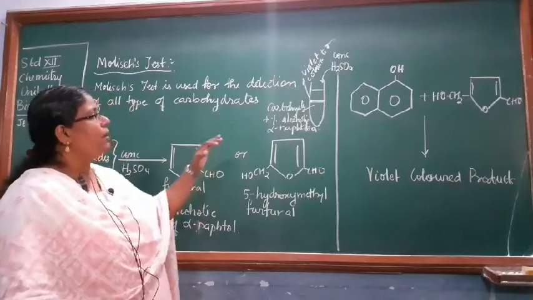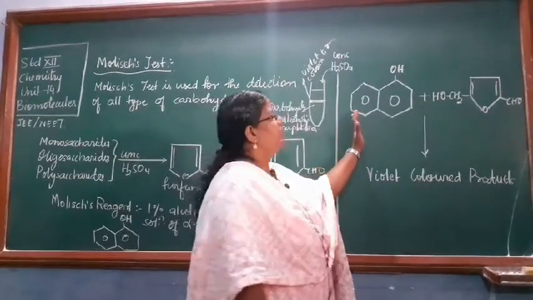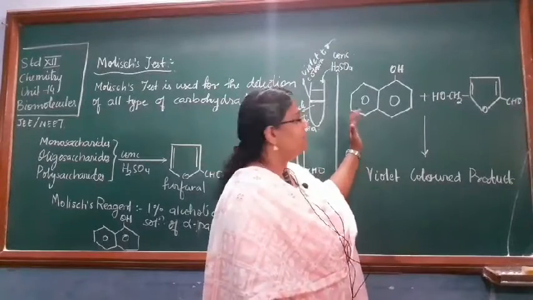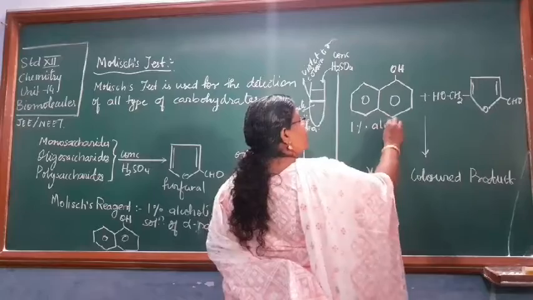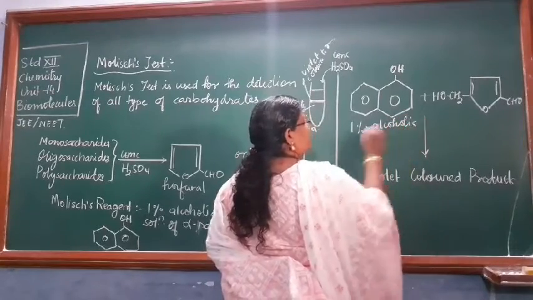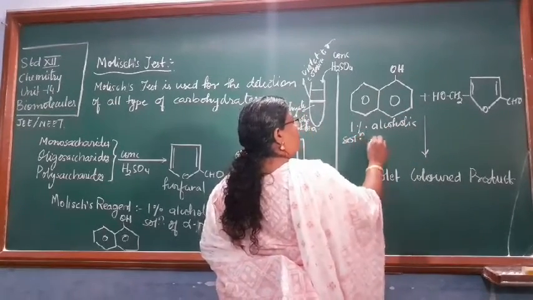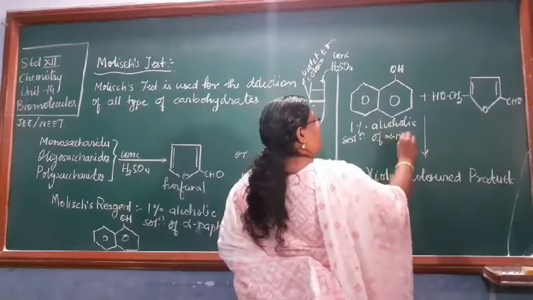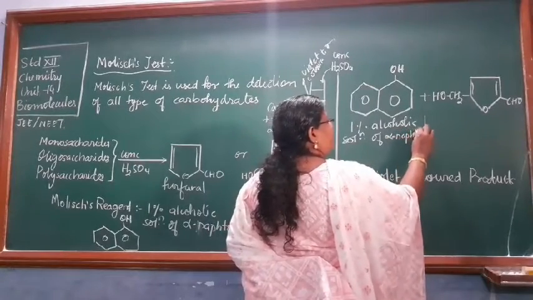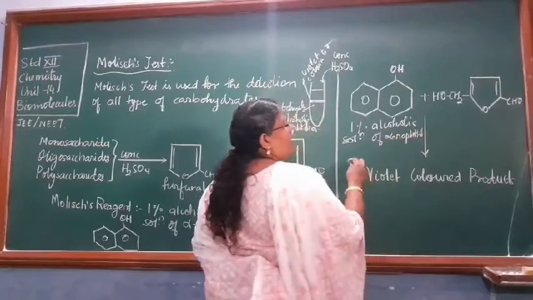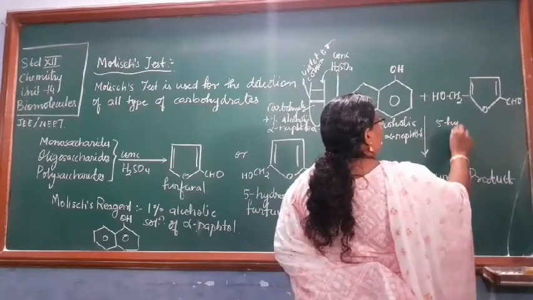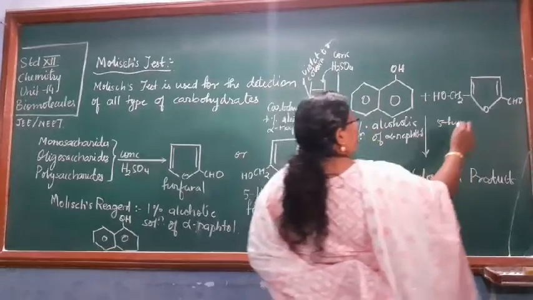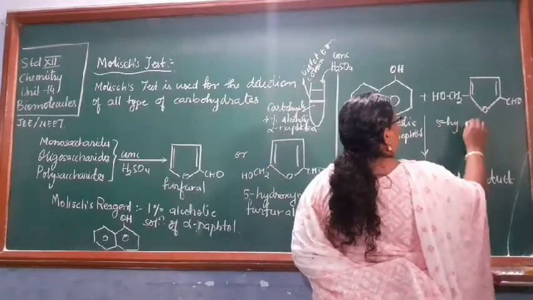Now, when these two compounds are treated with alpha naphthol, this is the 1% alcoholic solution of alpha naphthol, and this is 5-hydroxymethyl furfural.